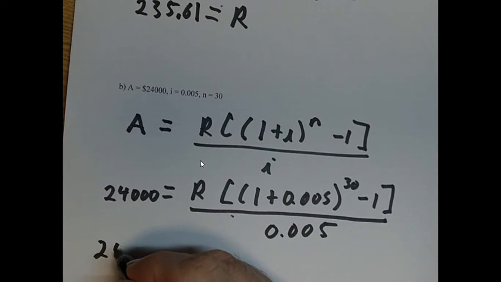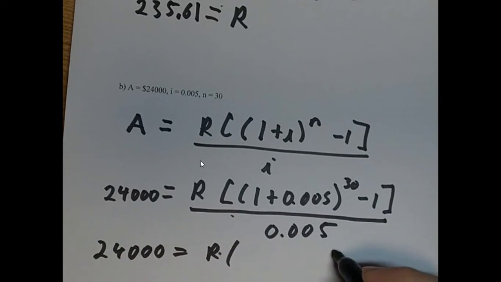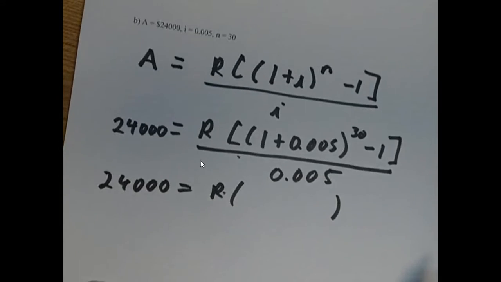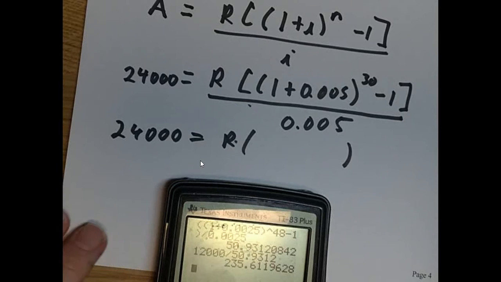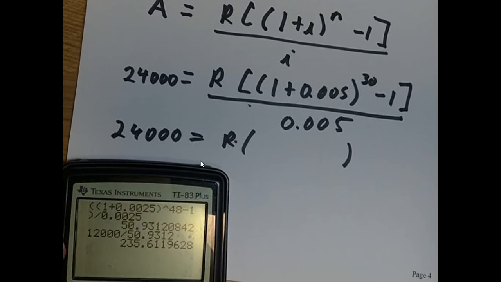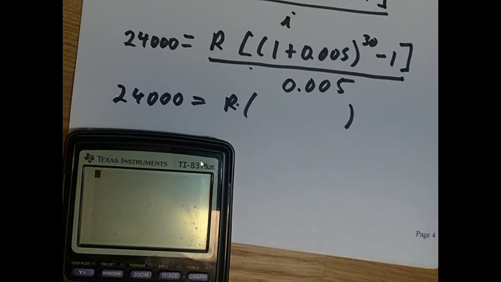Now we write 24,123 equals R, and we're just going to figure all this out in the calculator. So we're going to get our calculator over here. I'm going to type all that in. So we're going to clear here. I'm going to type bracket, 1 plus 0.005.